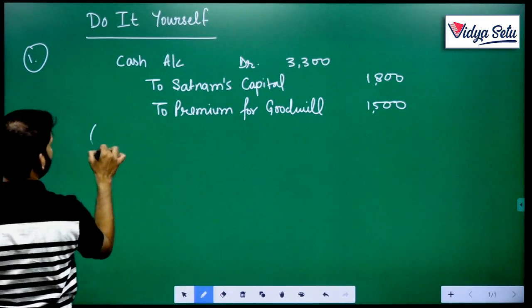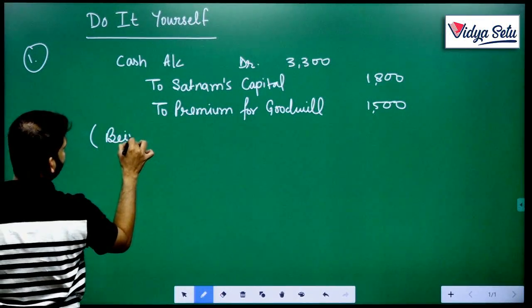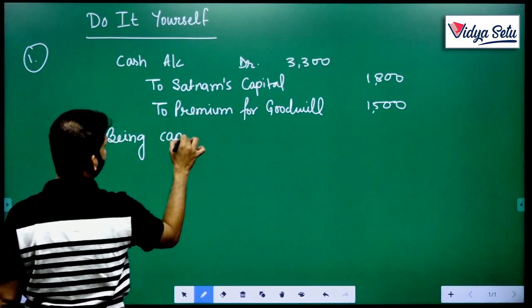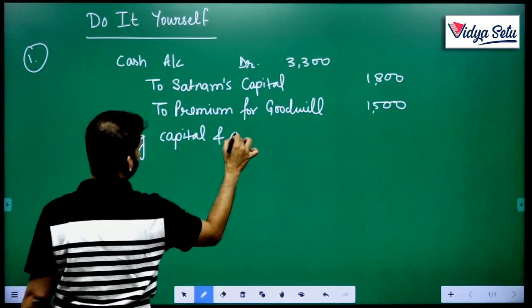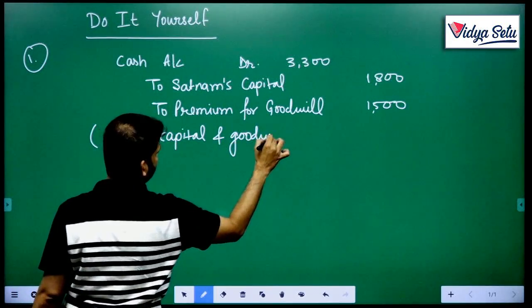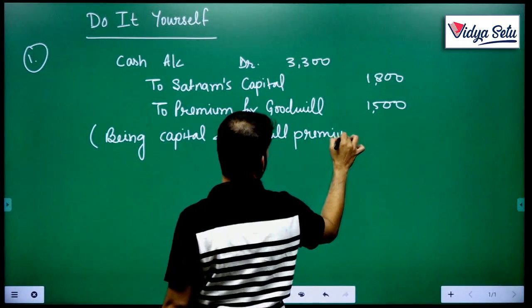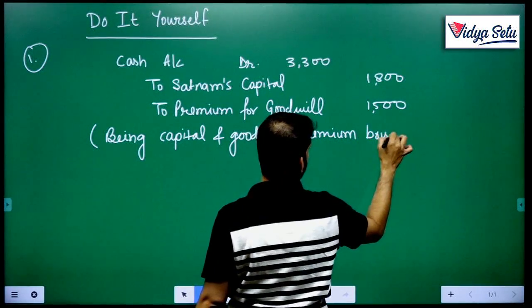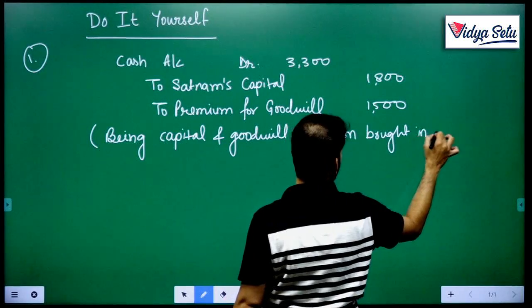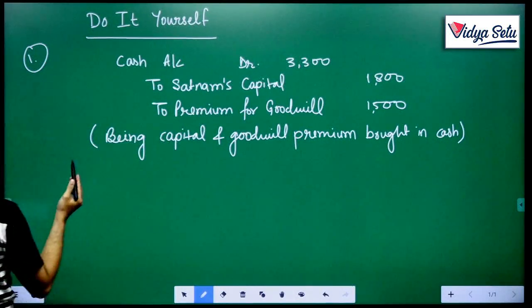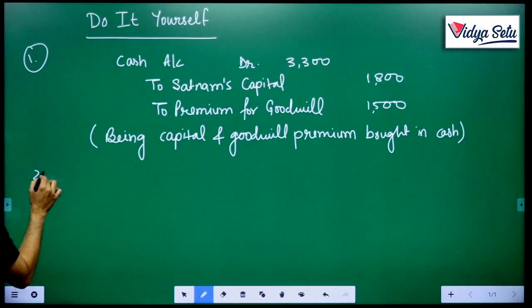This is for capital and goodwill premium brought in cash.